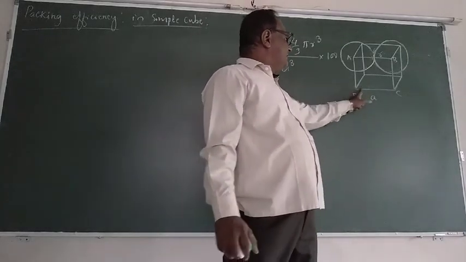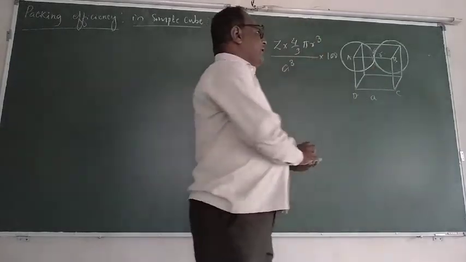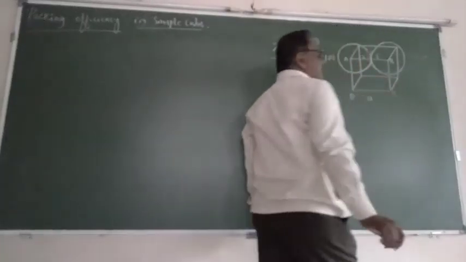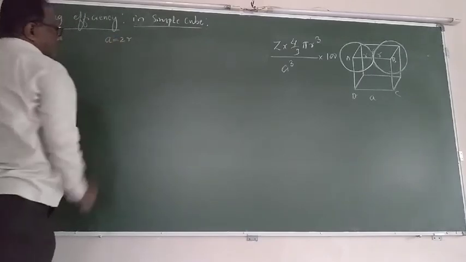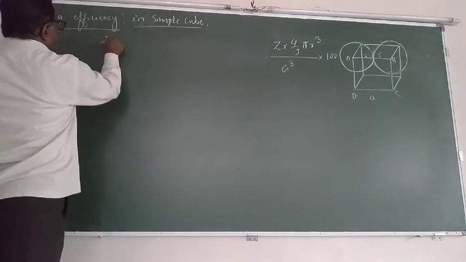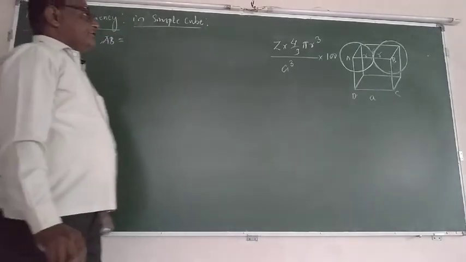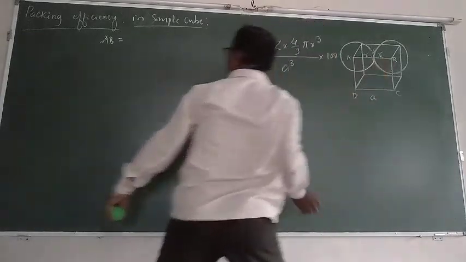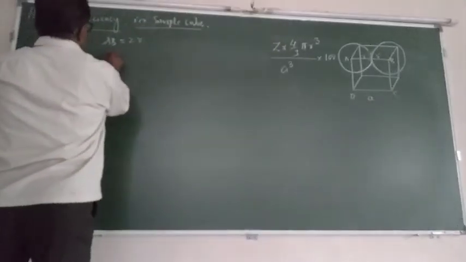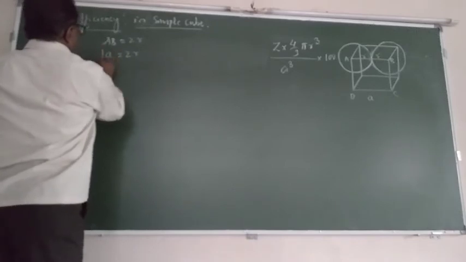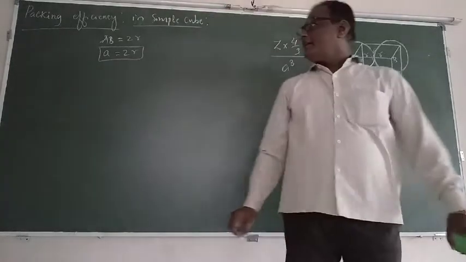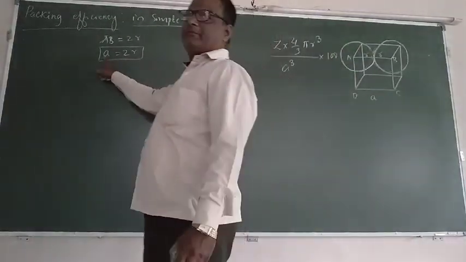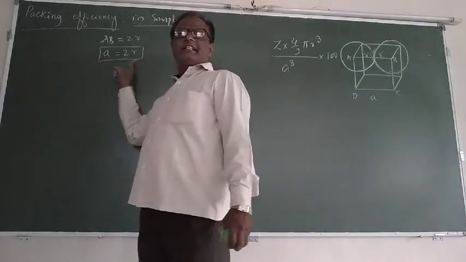Let a be the edge length and r the radius of the particle. Then a is equal to 2r, because AB is the edge length, which is r plus r, that is 2r. In every case, to determine the packing efficiency, first you have to determine the relationship between the edge length and the radius of the particle.